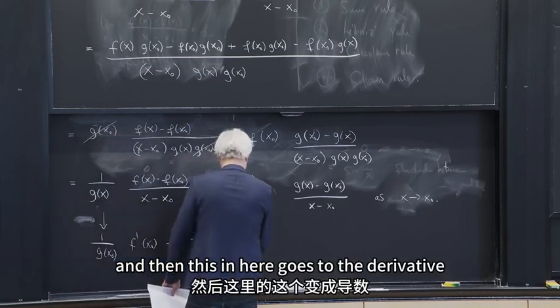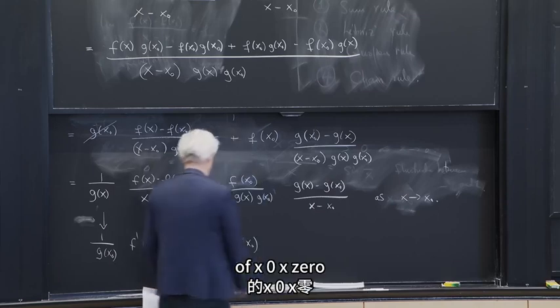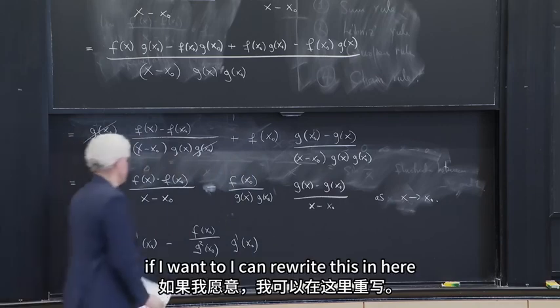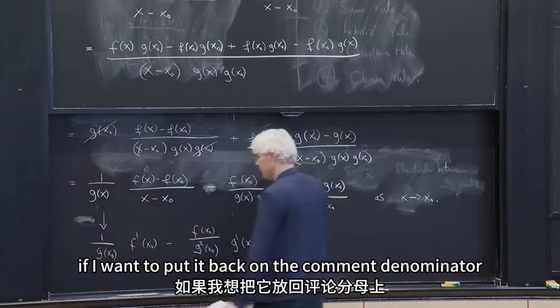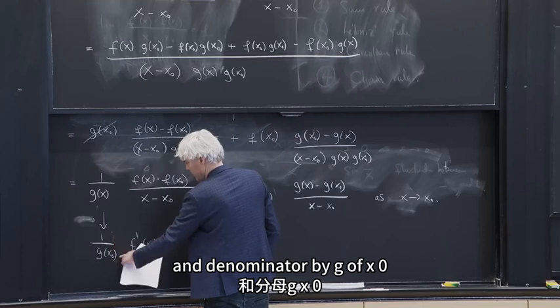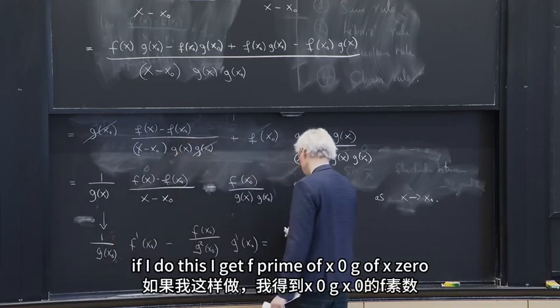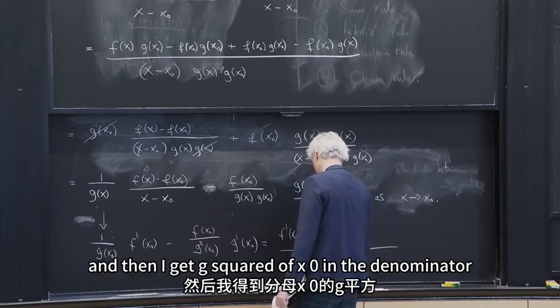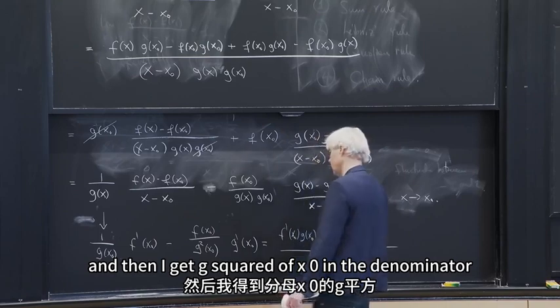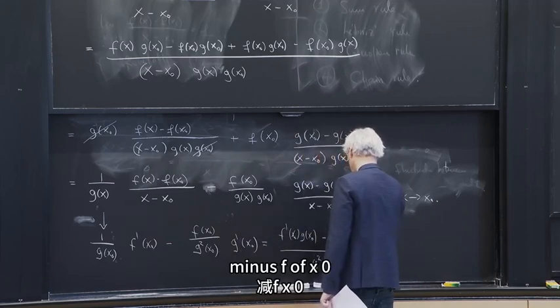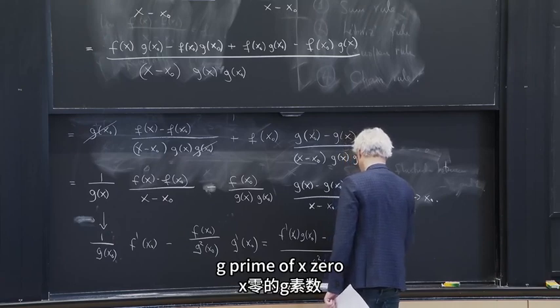And then this thing here goes to the derivative of g at x0. Now, if I want to, I can rewrite this by putting it back on a common denominator, multiplying numerator and denominator by g of x0. If I do this, I get f prime of x0, g of x0, and then g squared of x0 in the denominator, and then here it's just minus f of x0, g prime of x0.